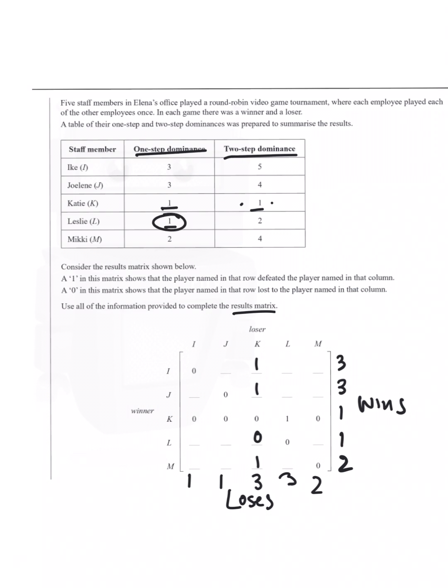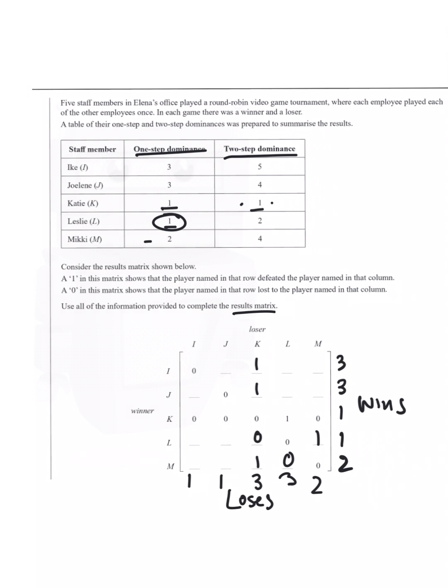Leslie here has beaten one person. That one person beat 2 people. So Leslie had to have beaten Mickey, because Mickey's the only one with 2 wins, which means Mickey lost to Leslie.